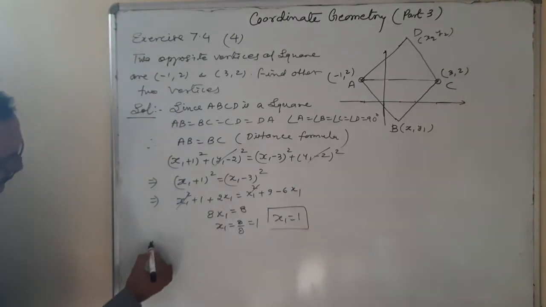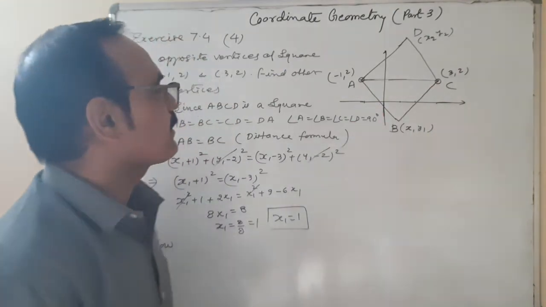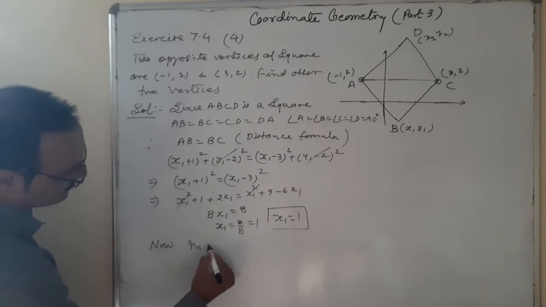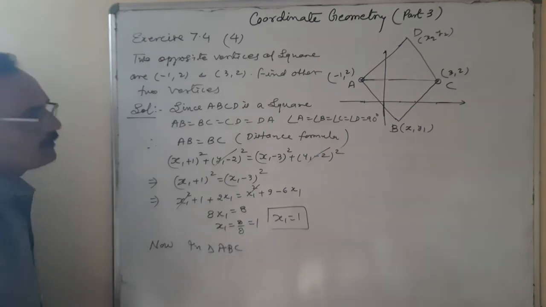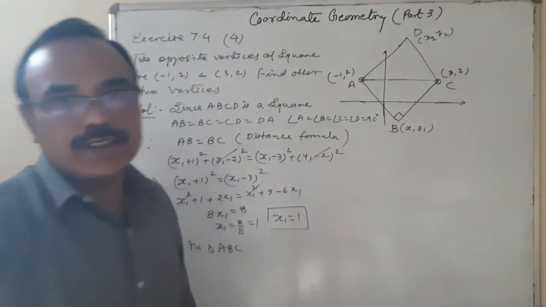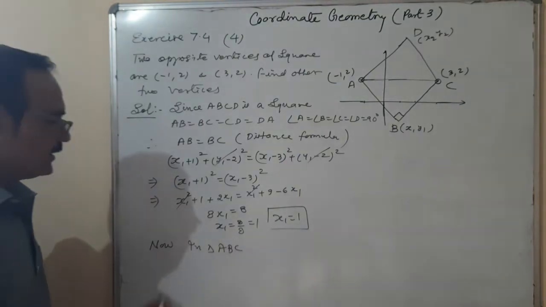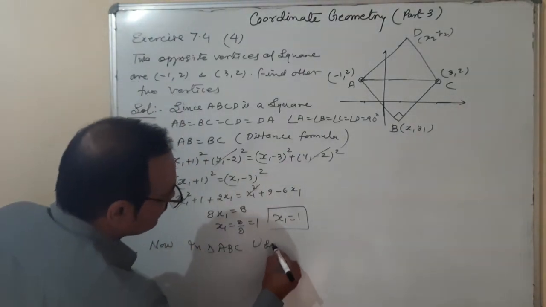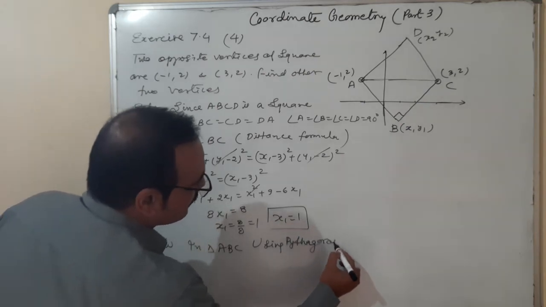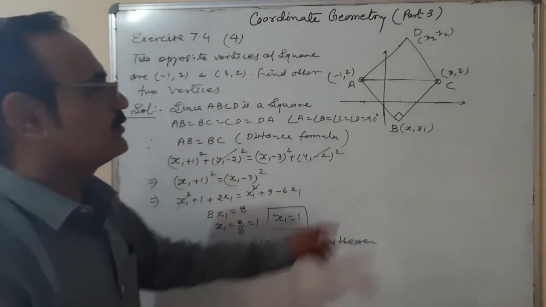Now in triangle ABC, angle B is a right angle, so in triangle ABC I can use the Pythagoras theorem.